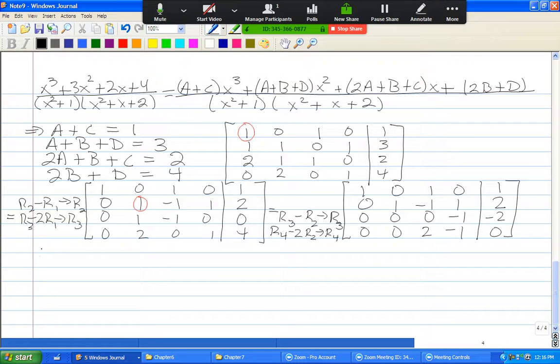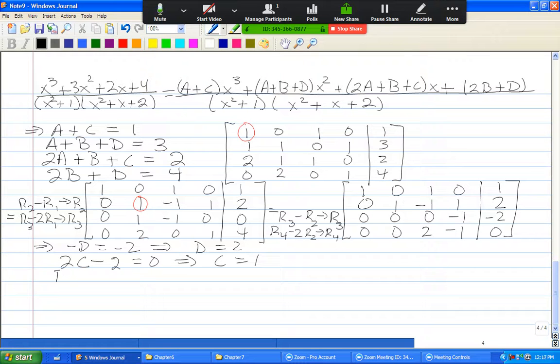So let's back substitute. So A, B, C, D. Negative D equals negative 2. So D equals 2. And then let's put that in this equation, even though I'm thinking of this as being the third equation. So 2C minus D equals 0. So C equals 1. Okay.